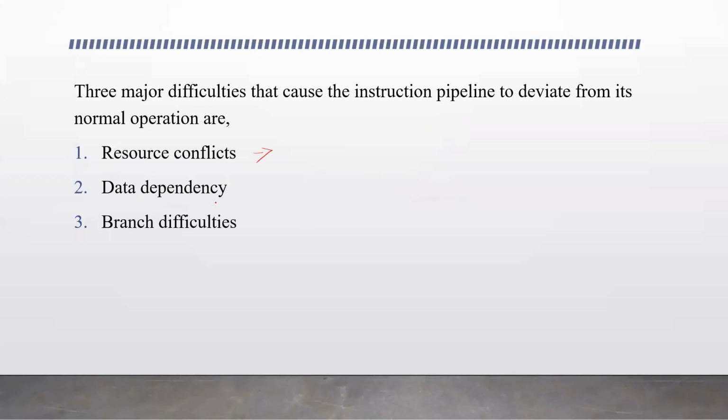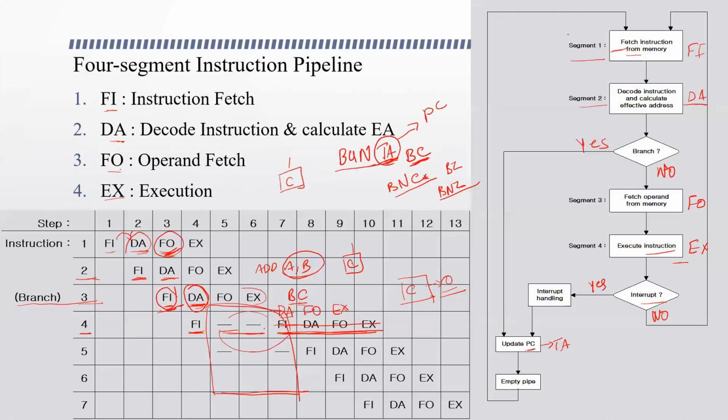And the second difficulty is data dependency. This conflict arises when an instruction depends on the result of the previous instruction. If two instructions are here, these conflicts arise because the instructions are executed in parallel. Suppose the result of instruction 2, let's say this is an add instruction, A and B are added and the result is stored in A. And that A is needed for executing the third instruction.